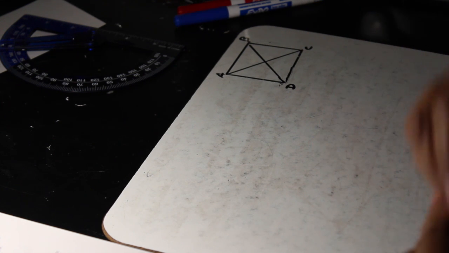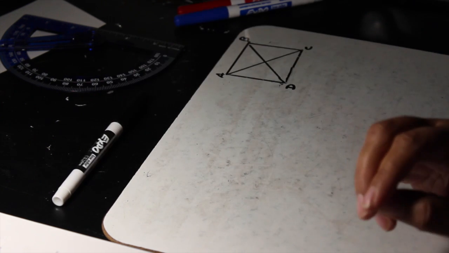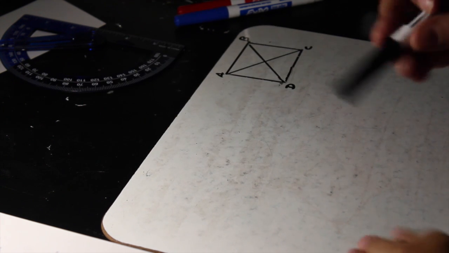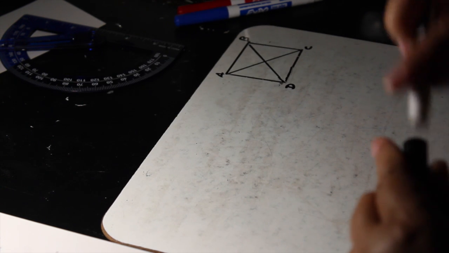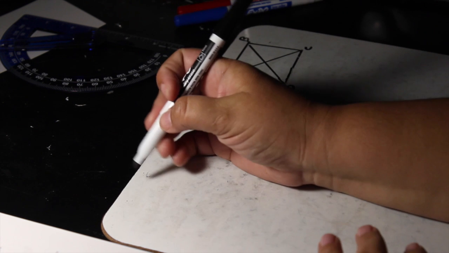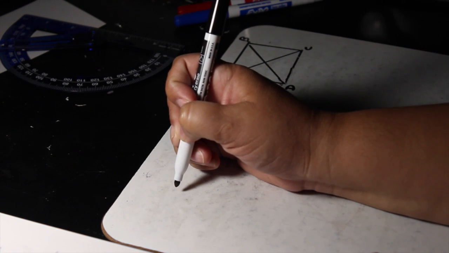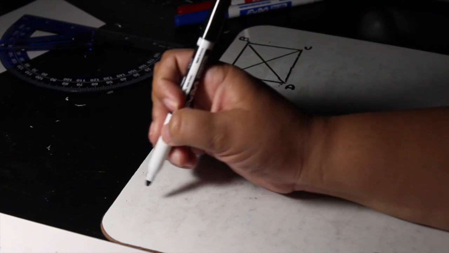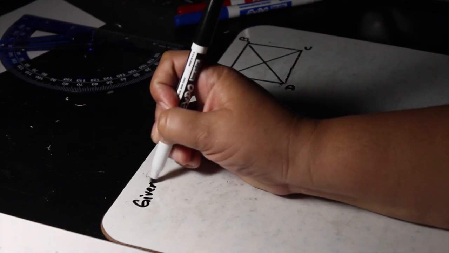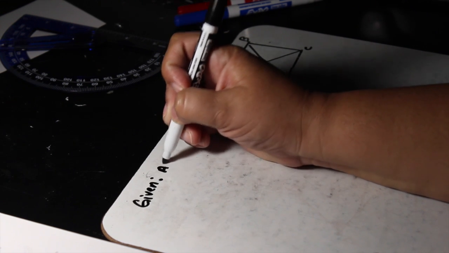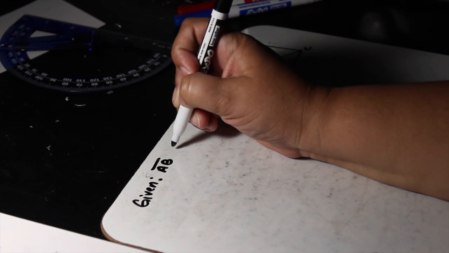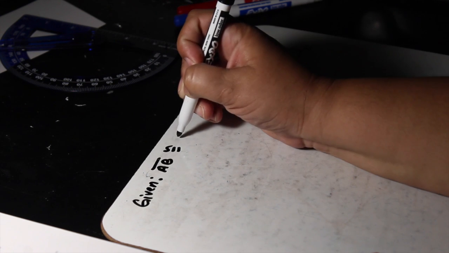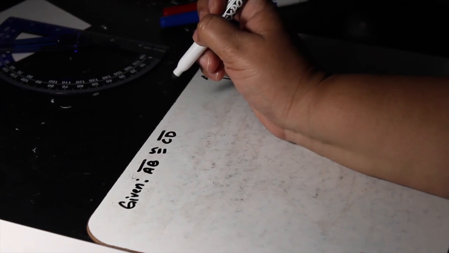Okay, so the question gives us a given. First of all, we're going to use the side angle side postulate to write a 2-column proof. The given that they're giving us is that side AB is congruent to side CD.